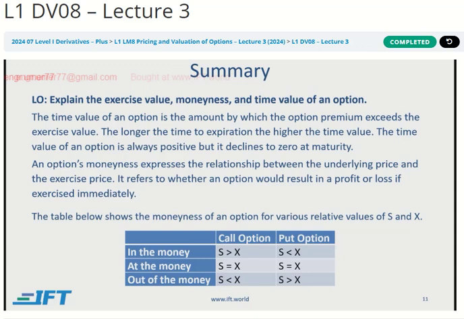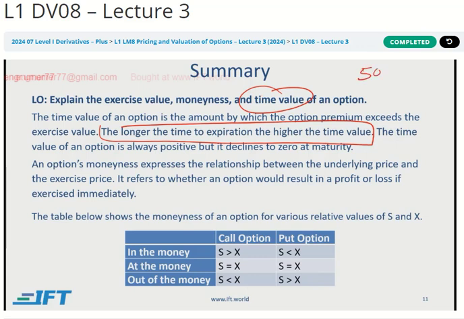The exercise value is something we just discussed. Moneyness is basically if the exercise value is positive, then it will be in the money. If it is negative, it is out of the money, and if it is 0, then it is at the money. The higher the time to expiration, the higher the time value, and that is the difference between the option market price and the exercise value.